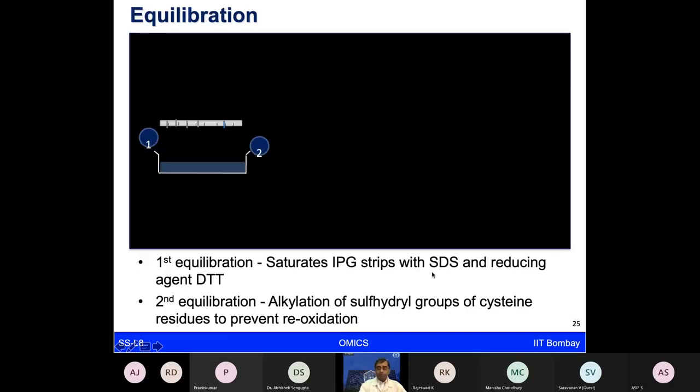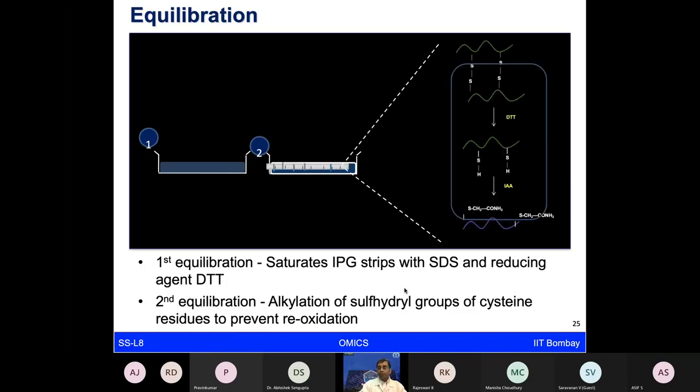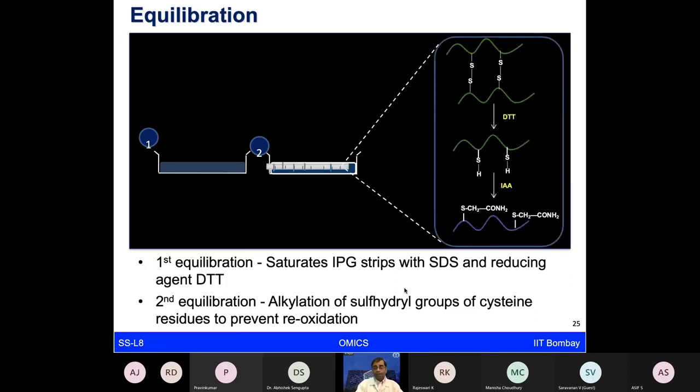If it goes well, then you will take these IPG strips and dip them into a solution, which is DTT, dithiothreitol, which can do the reduction, followed by dipping into the second solution, which is iodoacetamide.